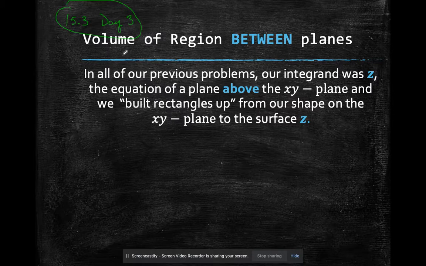All right, so we are still finding volume, but this time we are going to have to deal with the fact that maybe we're not dealing with a nice flat surface in our domain, right? So all of our previous problems, we have been able to draw either a rectangular region or some other region, right?